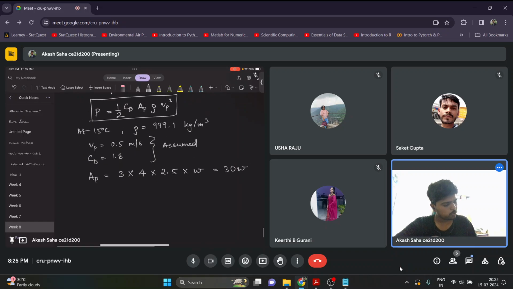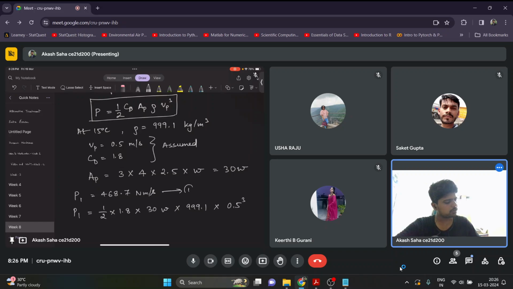Now we know from our last problem that my P1, my first compartment, was equal to 468.7 newton meter per second. So my P1 will also be equal to half into CD 1.8, AP is 30W, into rho is 999.1, into 0.5 cube. This is from the other formula.